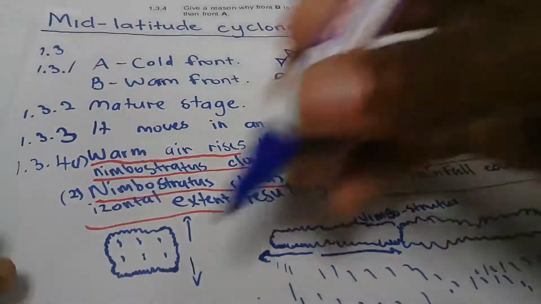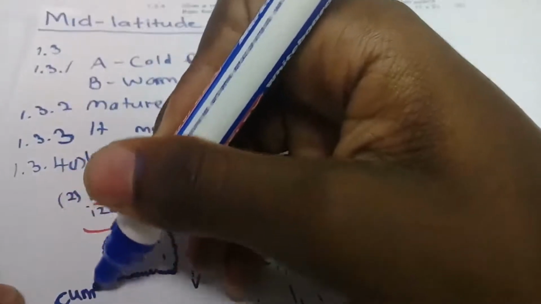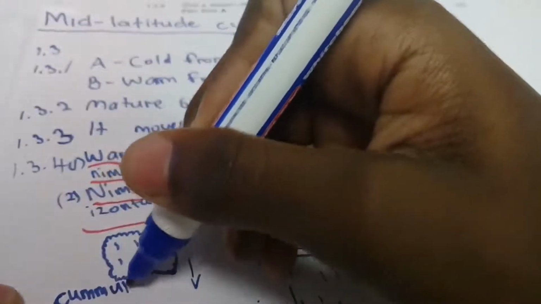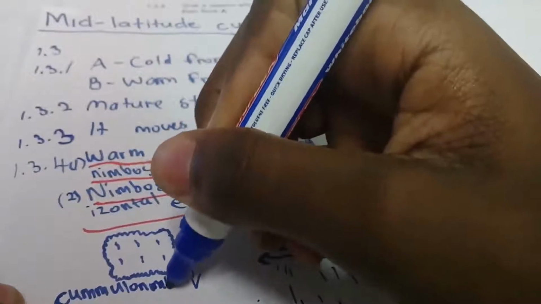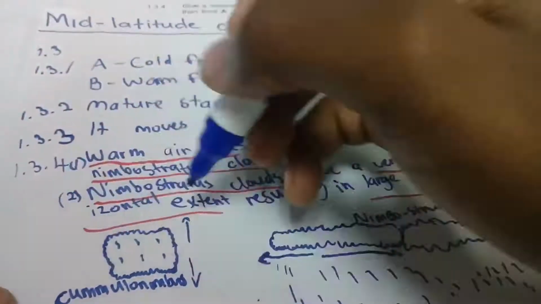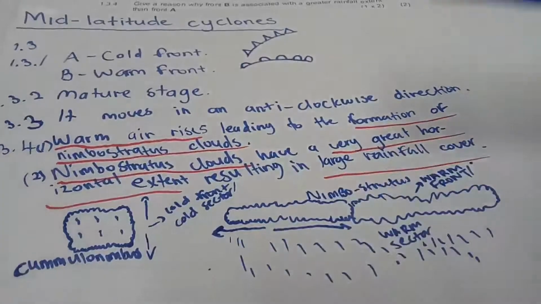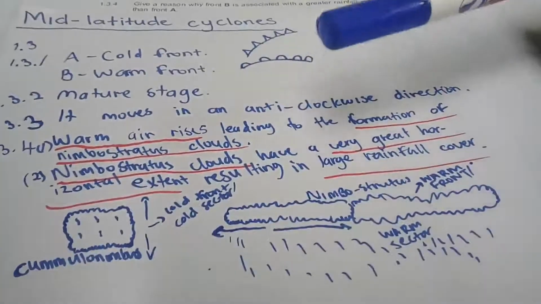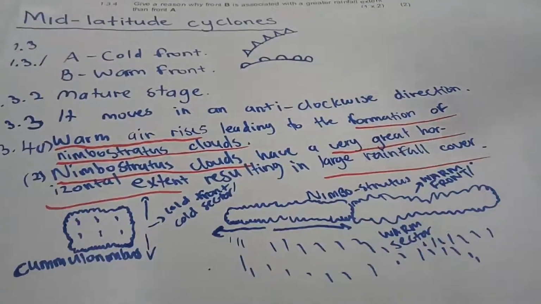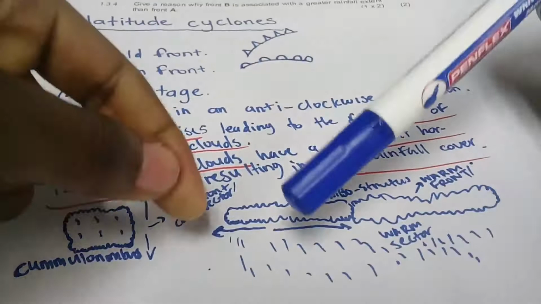We have cumulonimbus clouds in a cold front. Nimbostratus clouds have a very great horizontal extent, resulting in large rainfall cover.